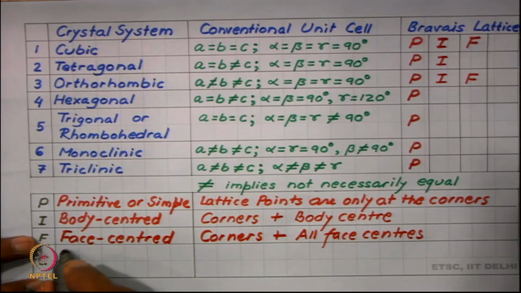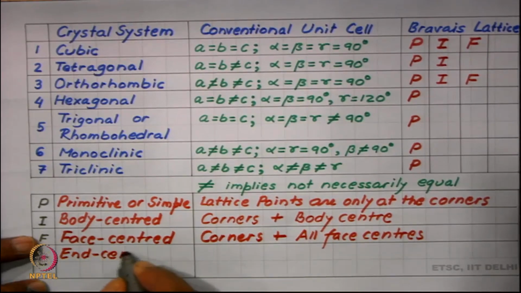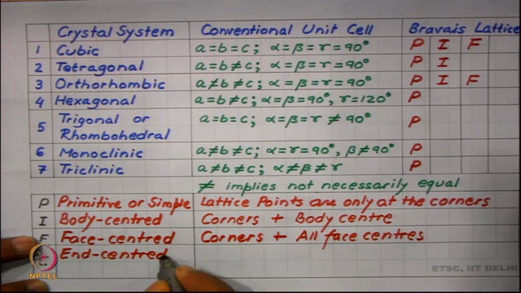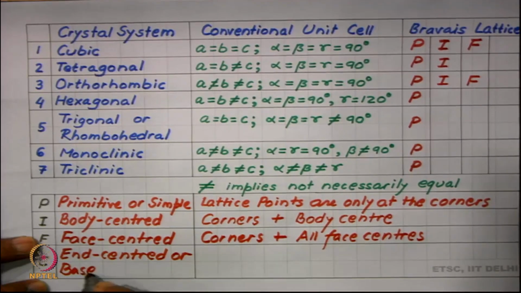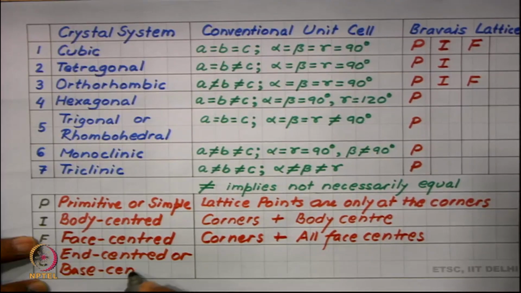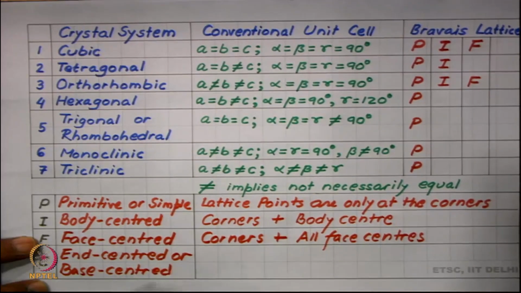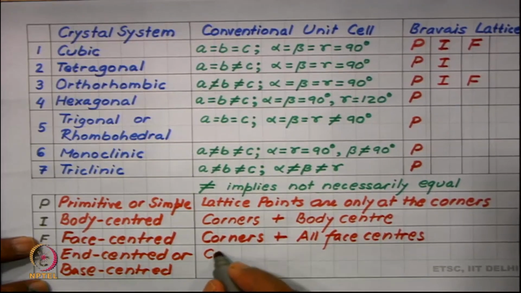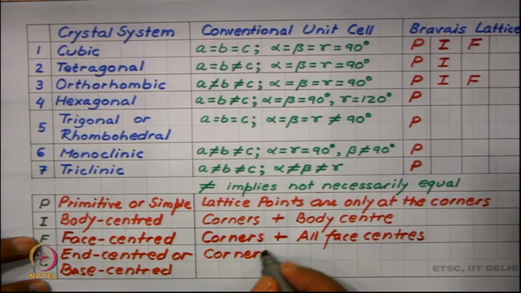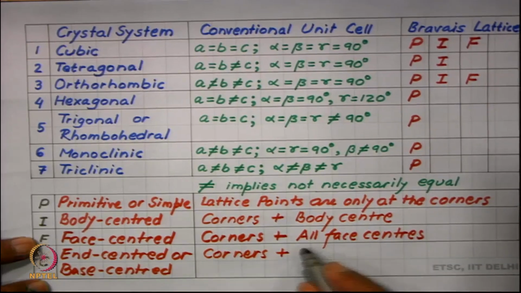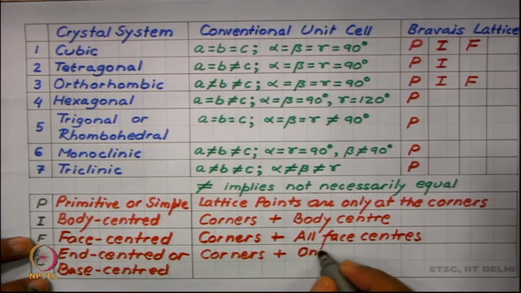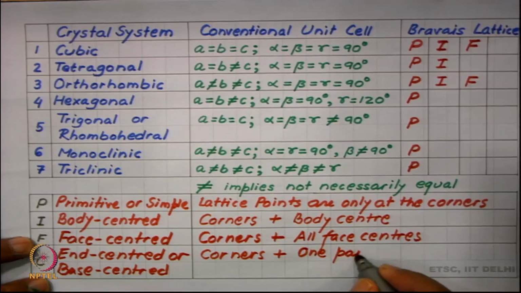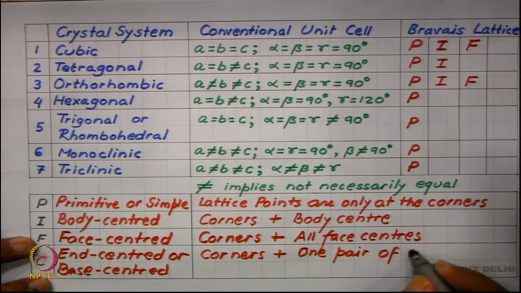Finally, C is called either end centered or it has an alternative name also, base centered. Here the lattice points are at corners and not on all faces as in face centered, but only on one pair of parallel faces.